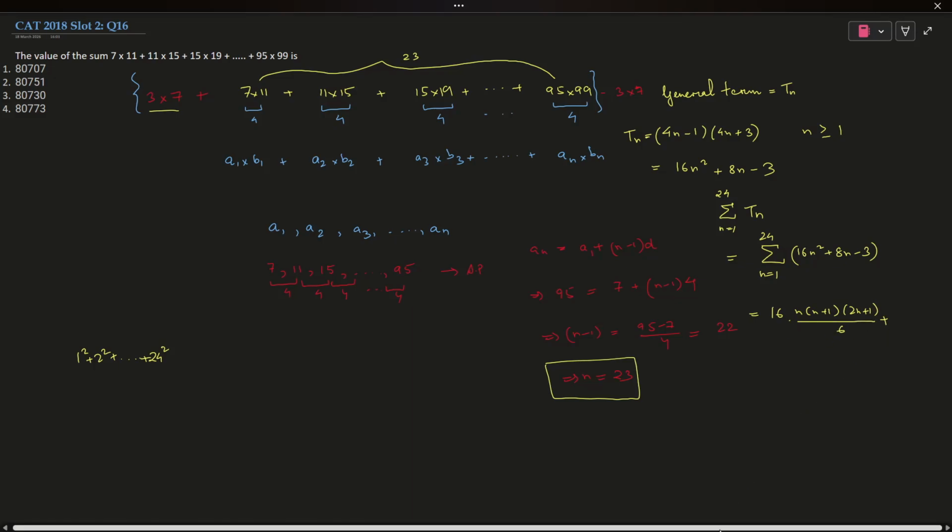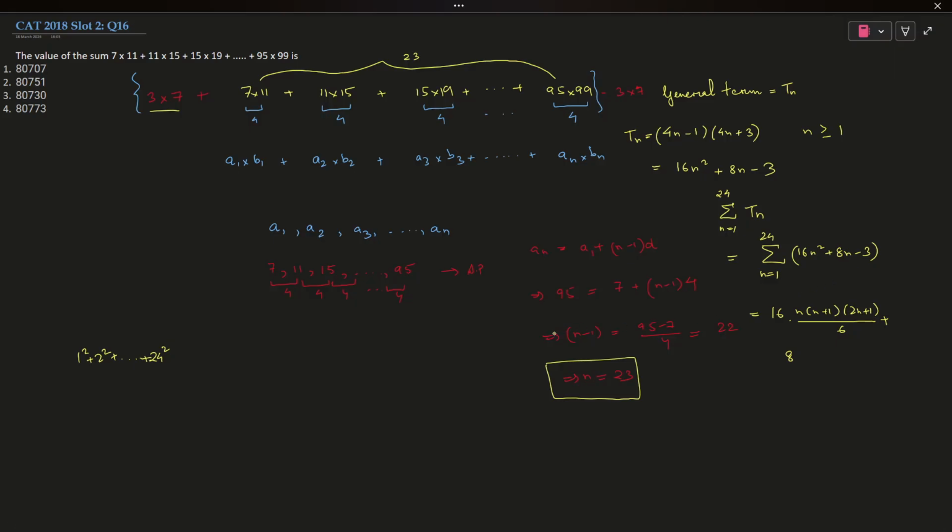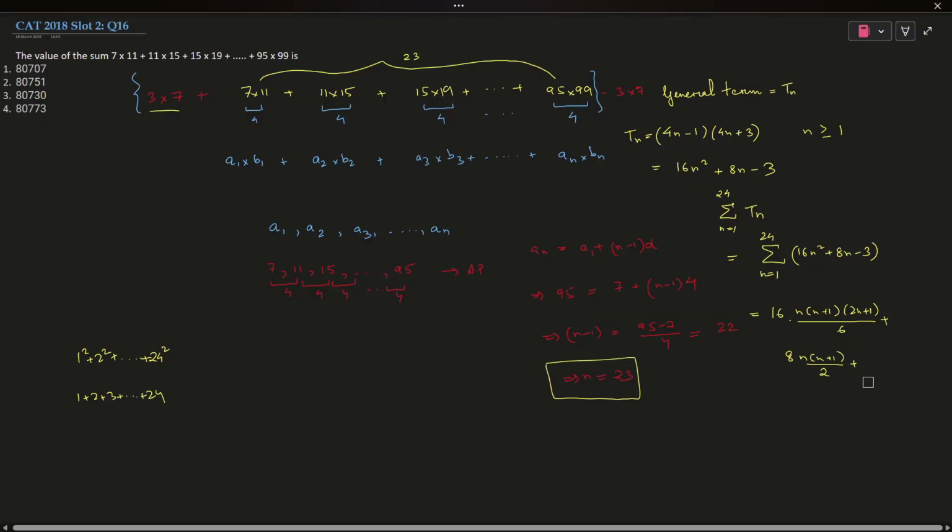Plus 8 will come out, the summation of the first n natural numbers, 1 plus 2 plus 3 plus dot dot dot plus 24, so n into n plus 1 by 2. Now it's minus, my bad, so minus 3n, right.